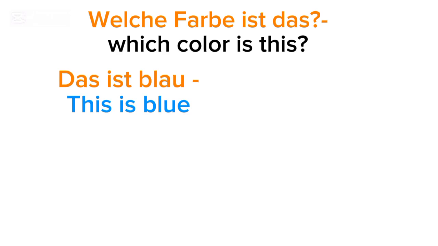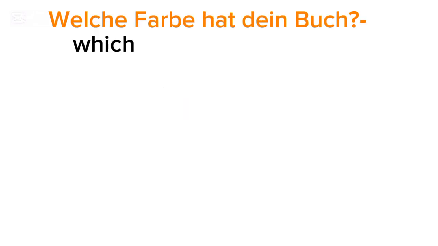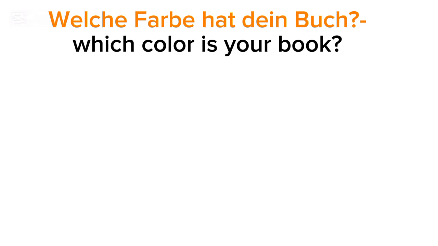Okay, then the person you are asking will respond, das ist blau, das ist grün, das ist schwarz, depending on the color that is there. Okay, we can also ask ourselves, welche Farbe hat dein Buch? Which color is your book? And then you respond.